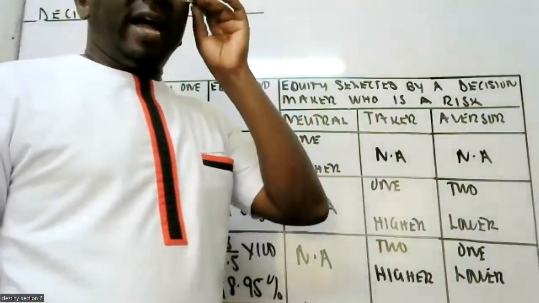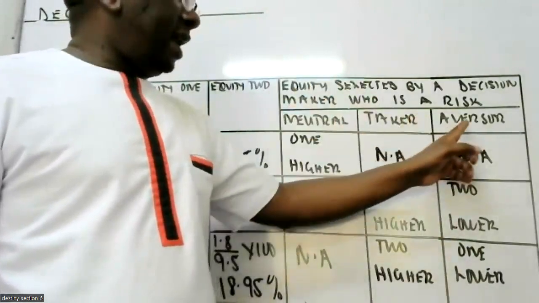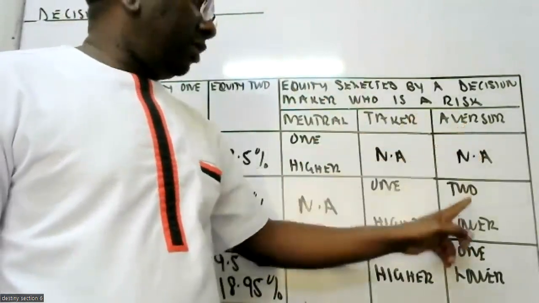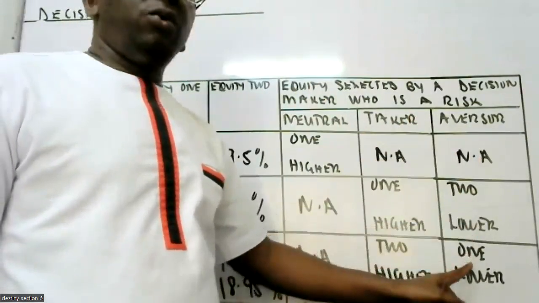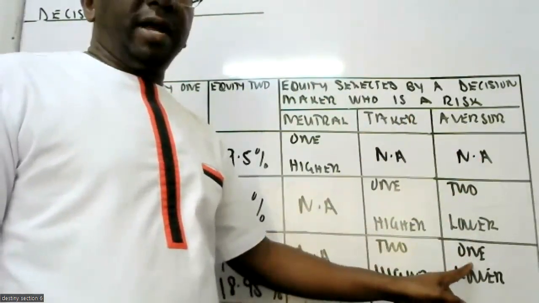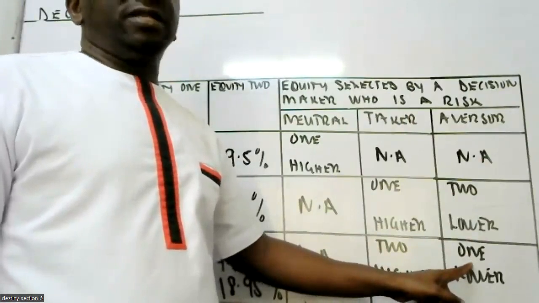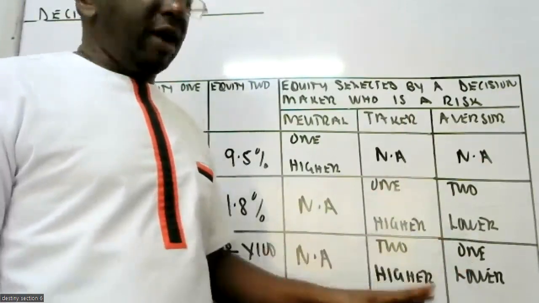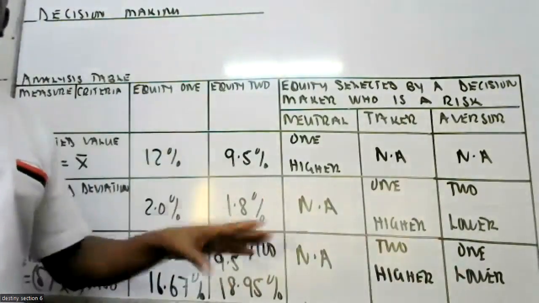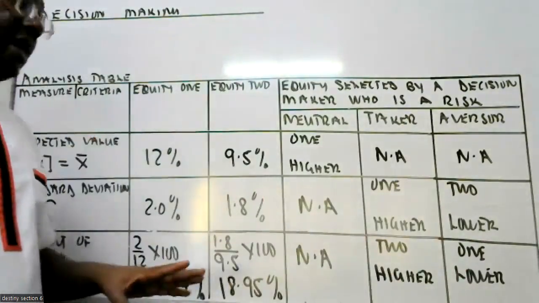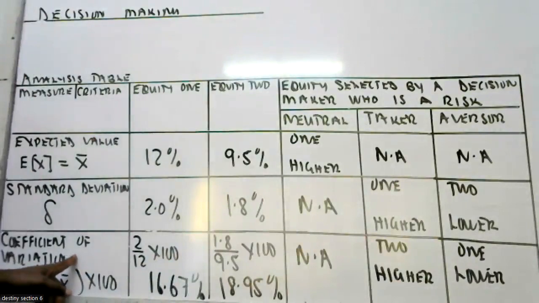When this one uses standard deviation, it shows 2, but when it uses CV, it shows 1. So as a decision maker, you now become confused. At that point, you need to know, where do I take instructions from? Who do I obey? And the answer is, we always obey this one, the coefficient of variation.